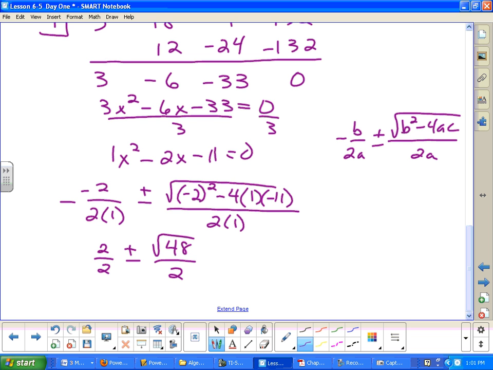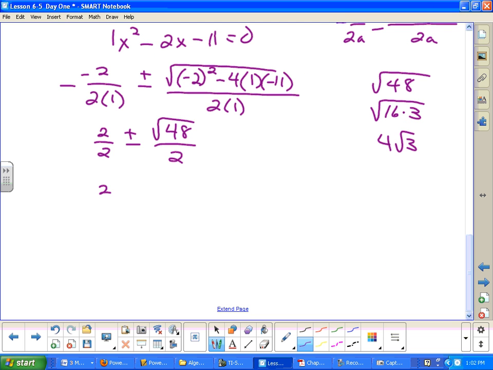No. Okay, 25 doesn't. 16, Cody says 16 goes into 48. Is that true? Okay, all right. So the square root of 48, I can write as the square root of 16 times 3. And what's the square root of 16? 4. So this is 4 times the square root of 3.